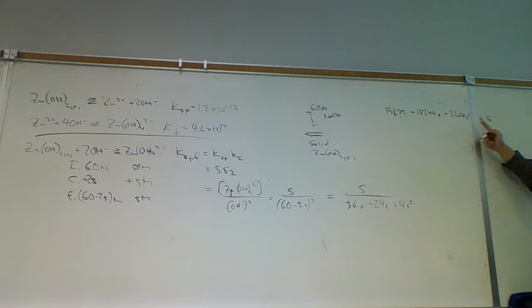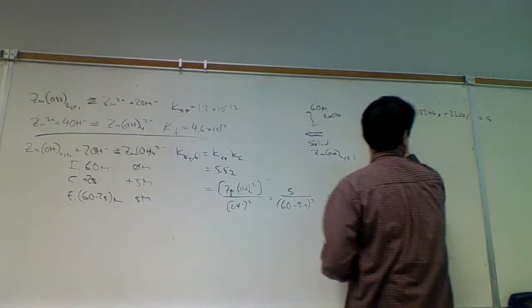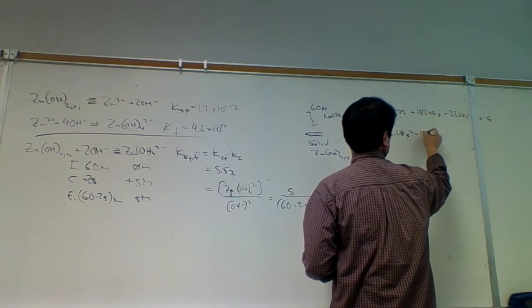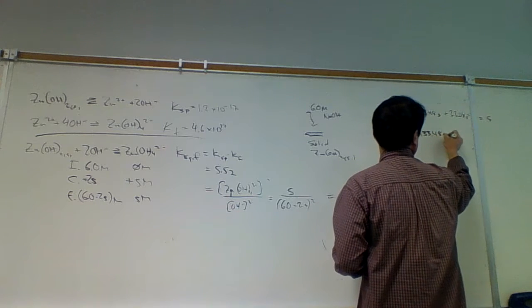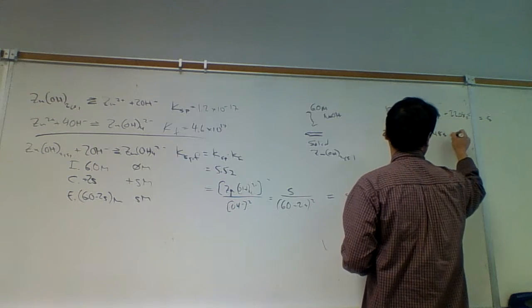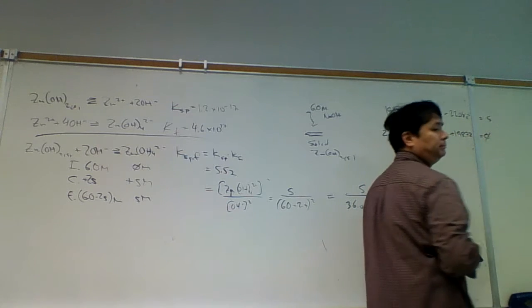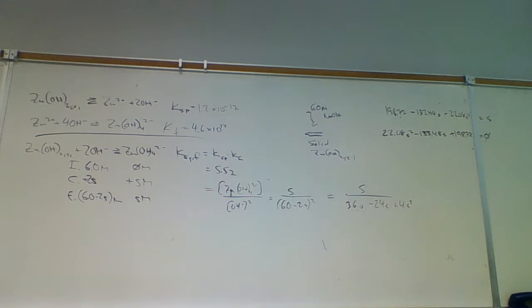Let's subtract an S from both sides and make this side equal to 0. This gives us 22.08 S squared minus 133.48 S plus 198.72 equals 0.